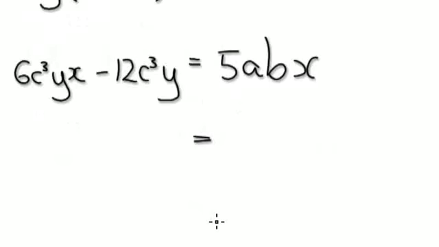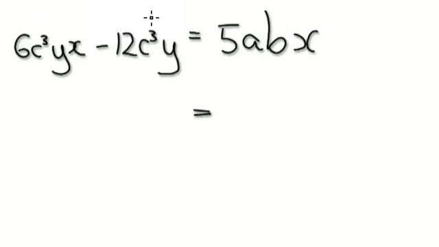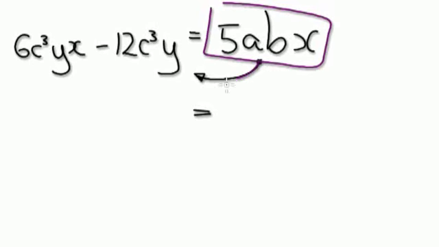Then let's move this to the other side. The way you would probably have done it is move this across, because that's the way I showed you. But okay, let's move this block here to this side. It doesn't matter. So inside your mind, take away 5abx.